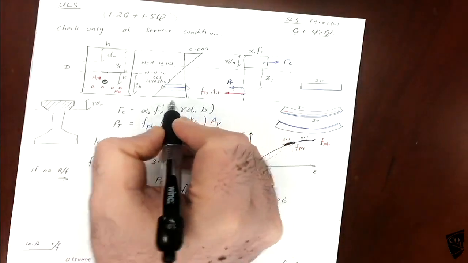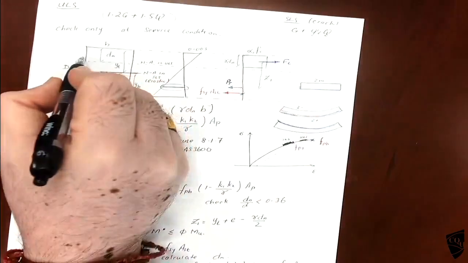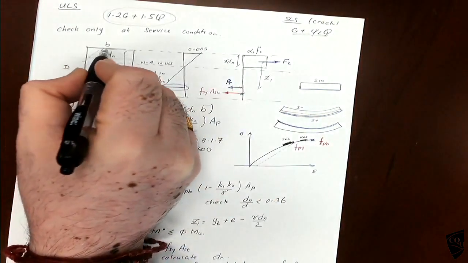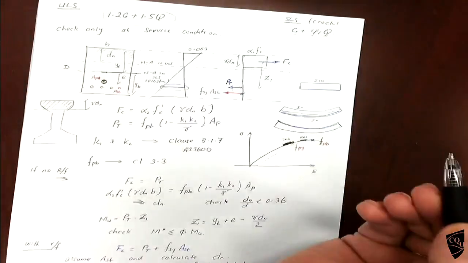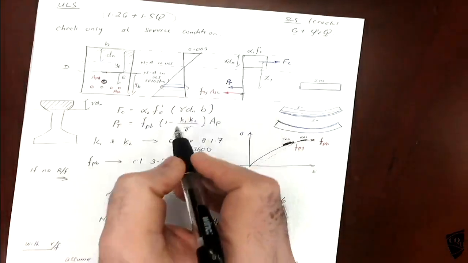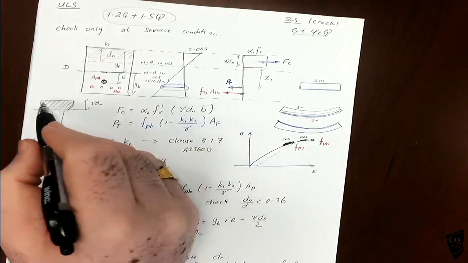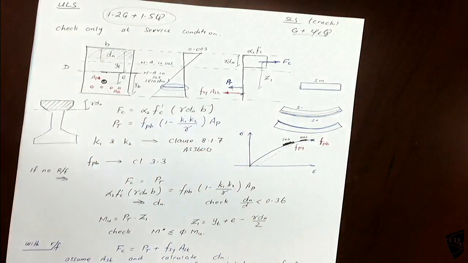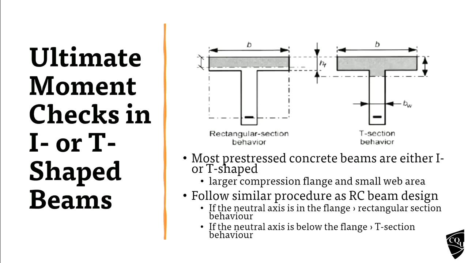If it is a rectangle, it's easier, but if it is other shapes, you need to find out that area, that's all. Normally in pre-stress we use some I sections, so you need to calculate that one. Sometimes that gamma dn will be in the top part.